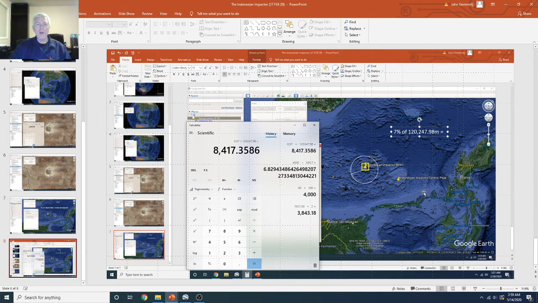Typically, when you find a B2W or a blast bow wave, there is a ratio distance, regardless of how large the impactor is, regardless of how large the munition is. The B2W always has almost the exact same signature.